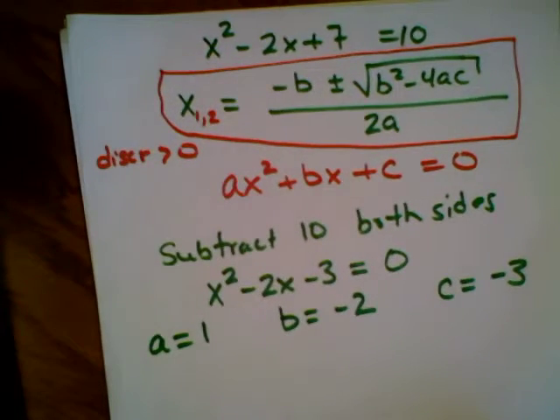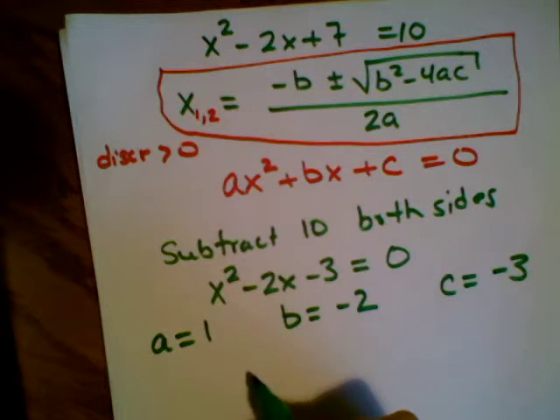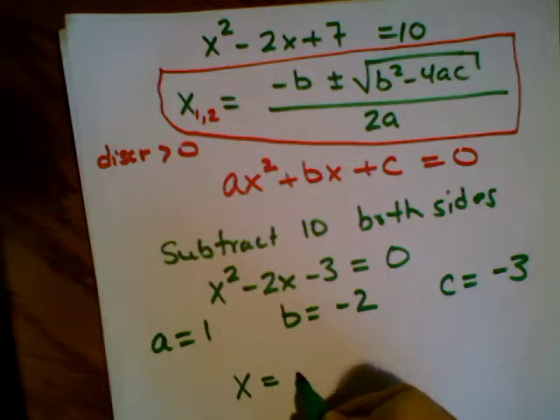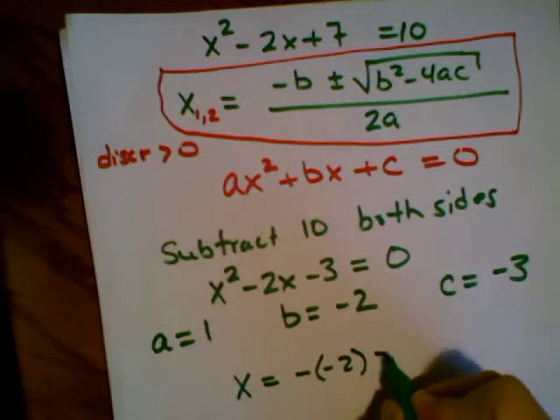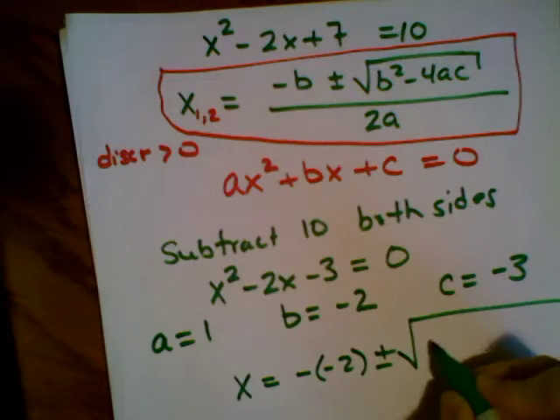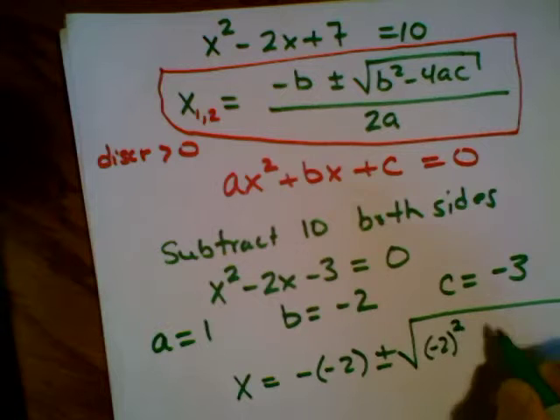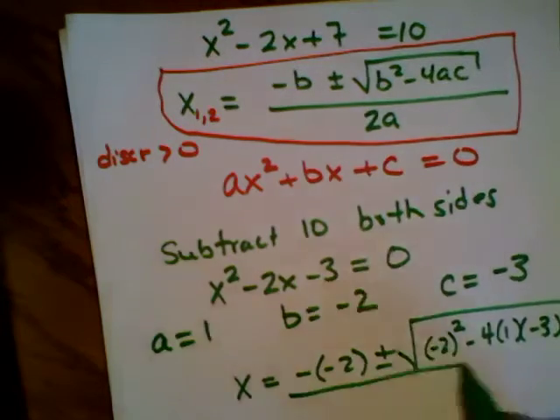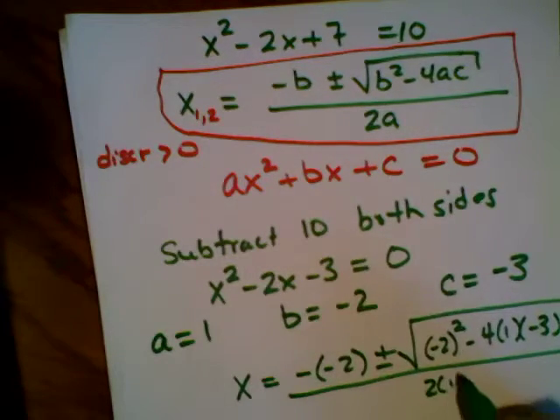Okay, and let's see. x will equal opposite -2 plus or minus the square root of -2 squared minus 4 times 1 times -3, all over 2 times 1.